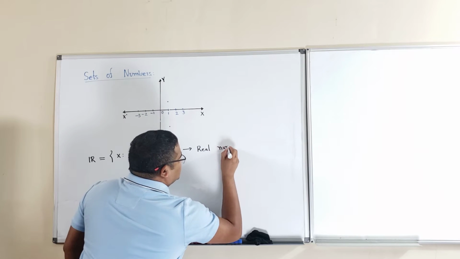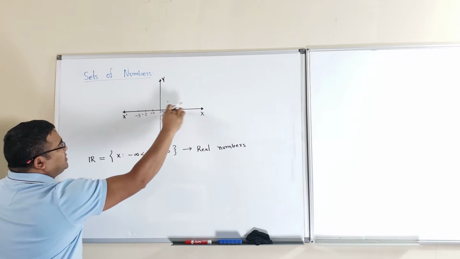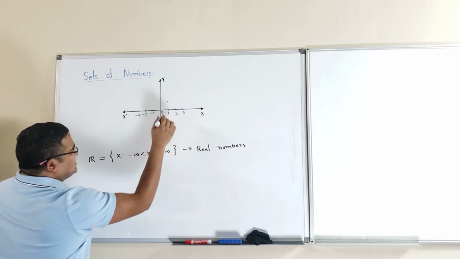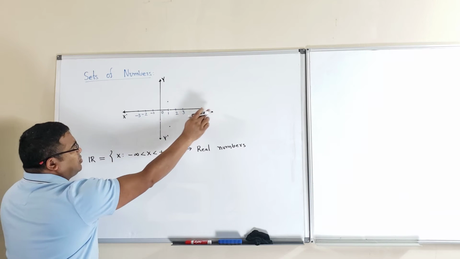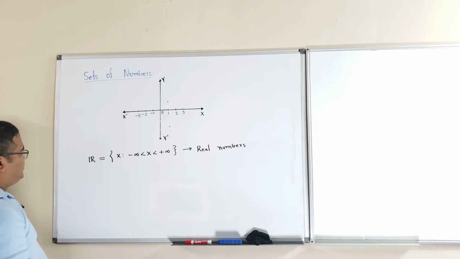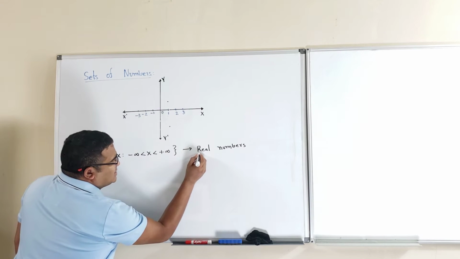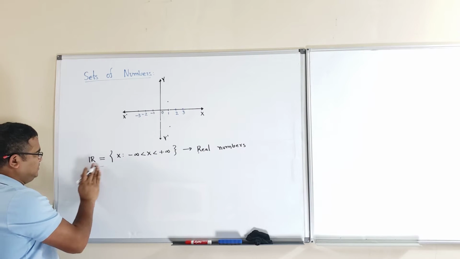Any number on this x-axis is a real number. It is from negative infinity to positive infinity. Now, real numbers' first letter is R, that's why it is denoted by R with a double leg.